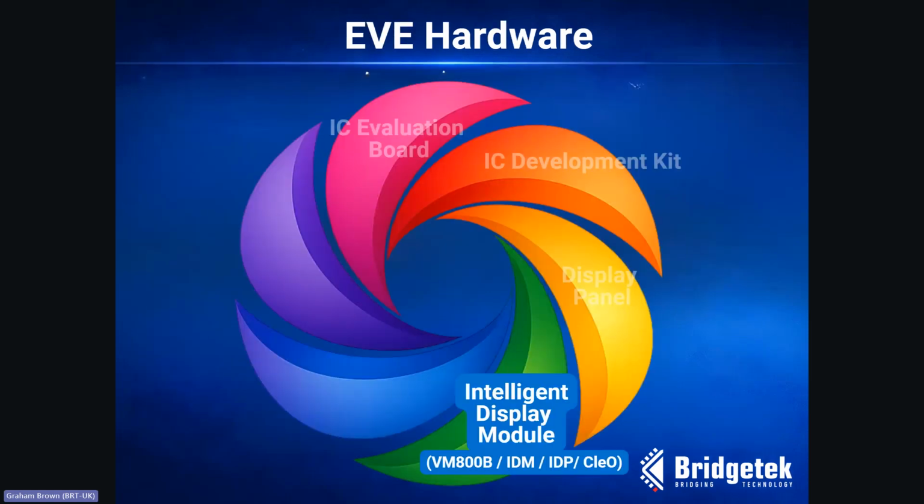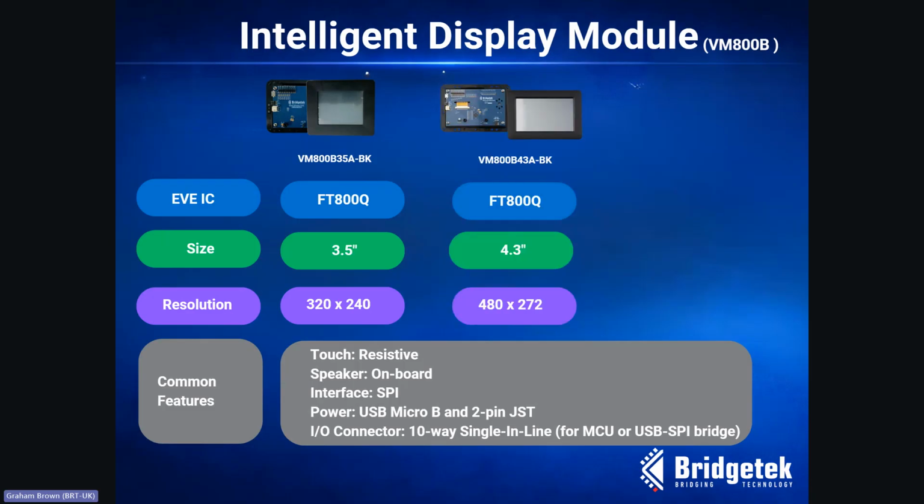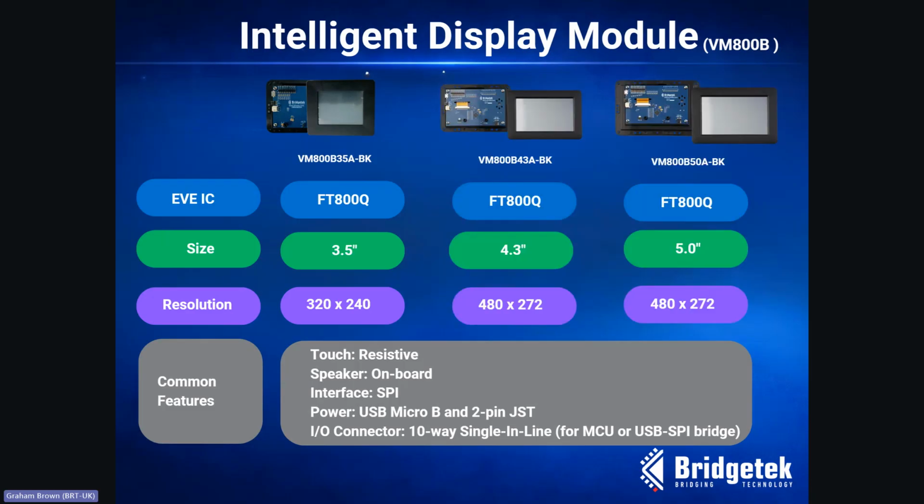We have a range of intelligent display modules which are also available. The first of these is our VM800B series, which features our FT800 EVE devices. These are available in 3.5, 4.3, and 5-inch versions. They all feature RGB color TFT panels, resistive touch, and audio with an onboard speaker.